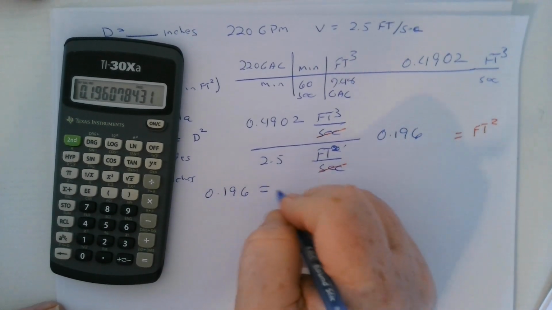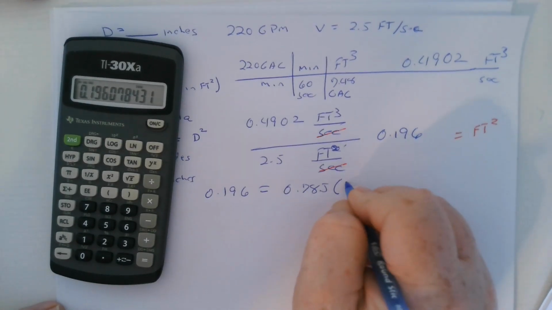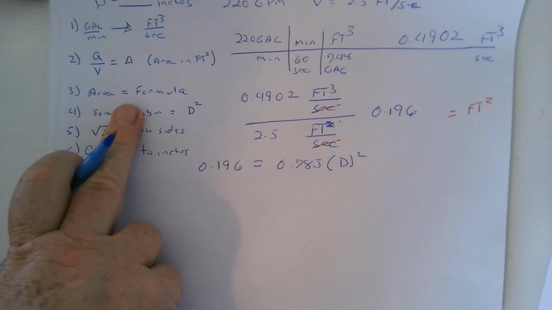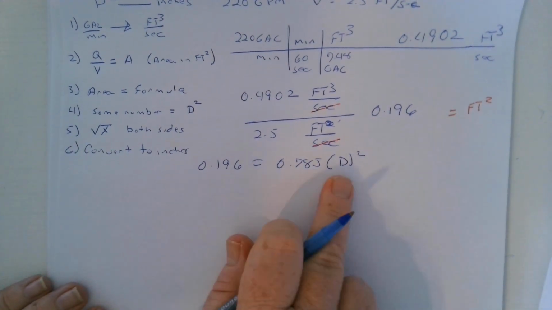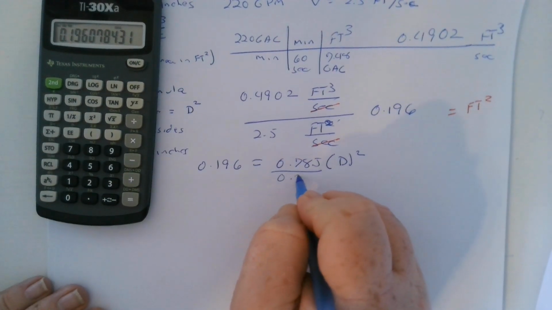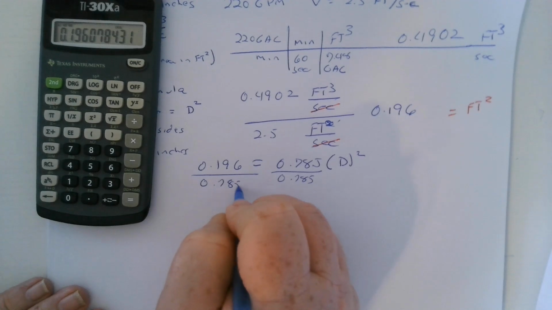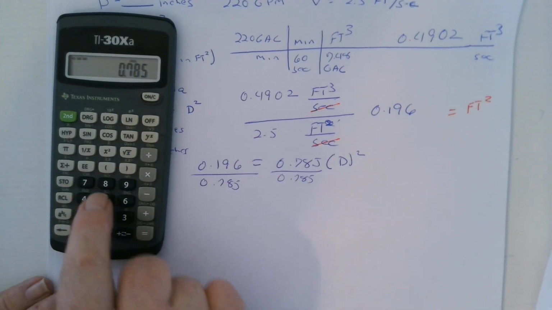And set this equal to the formula for area, right? So we're doing here step 3, the formula for area. And so this is feet squared equals this formula. Whatever I do to one side, I can do to the other. Divide this feet squared by 0.785.